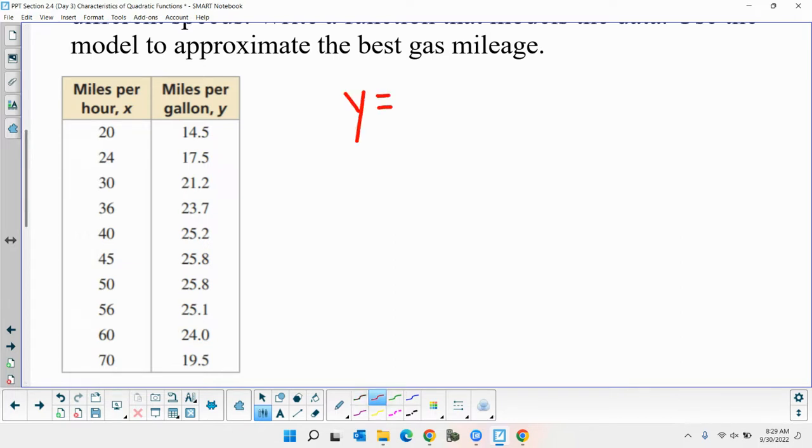Here's what I got. I'm going to just go to thousands like we did before with the linear. My R squared was 0.999.